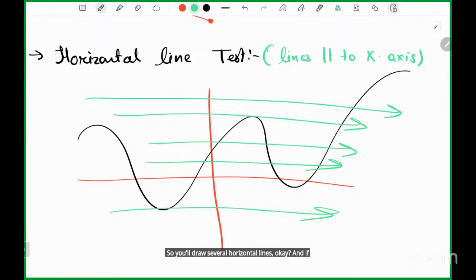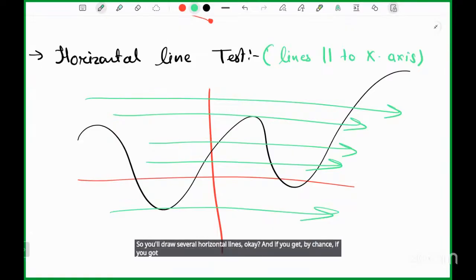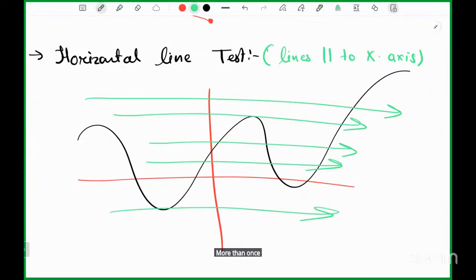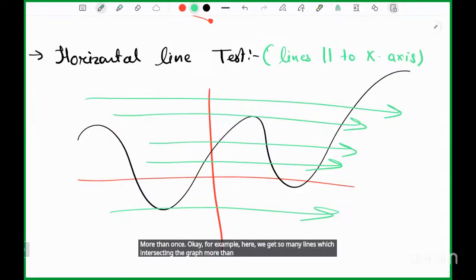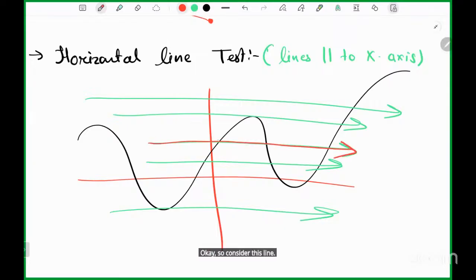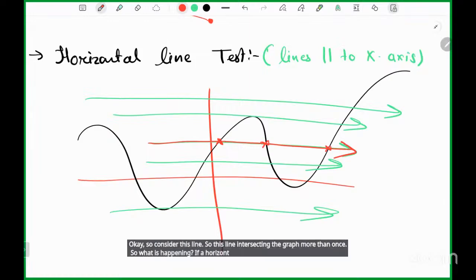And if you get, by chance, one single horizontal line which intersects the graph more than once, for example, here we get so many lines which intersect the graph more than once, but consider this particular line. So what is happening if a horizontal line intersects the graph more than once?